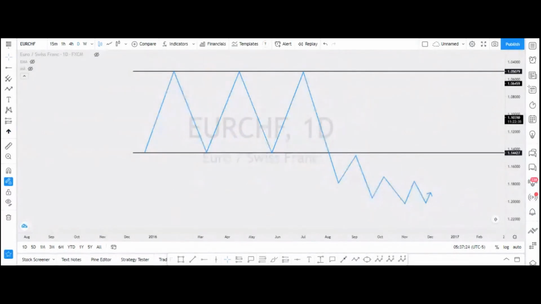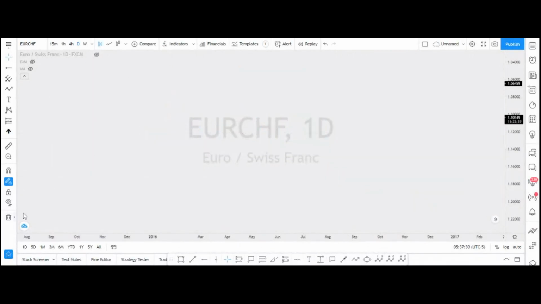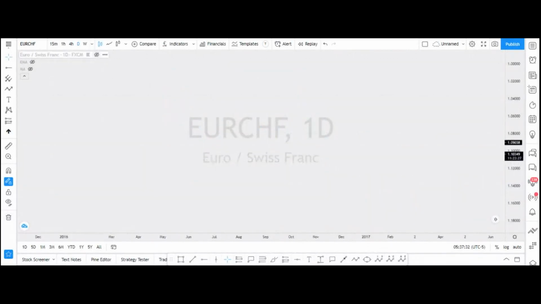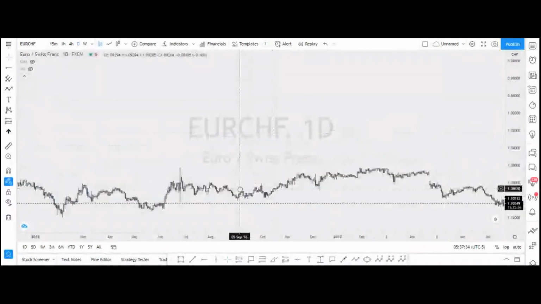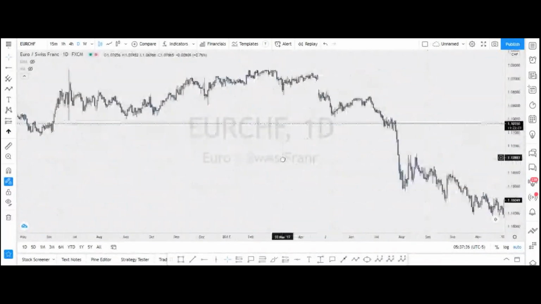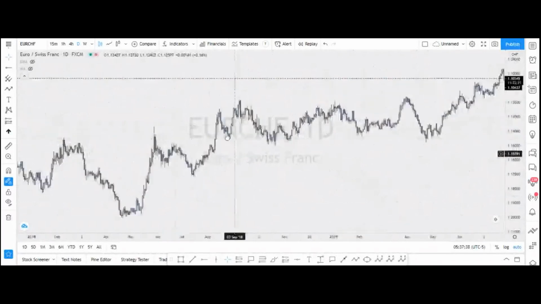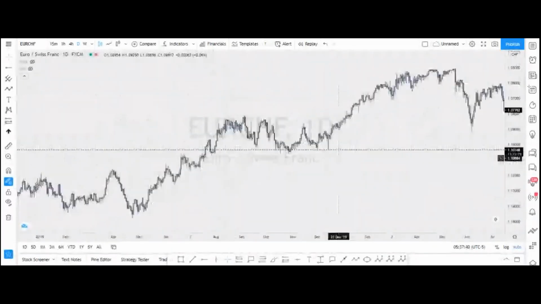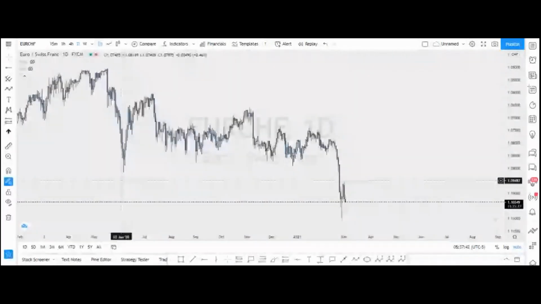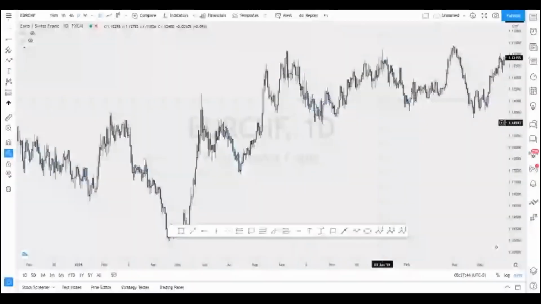Great. Okay, so let's go and see this on a chart. So I'll be deleting this and showing a chart. Now, looking for an example we can use.